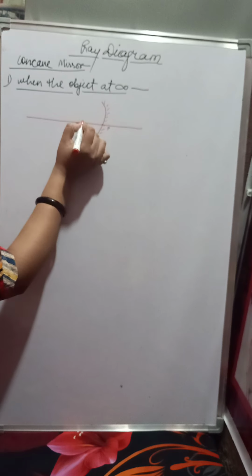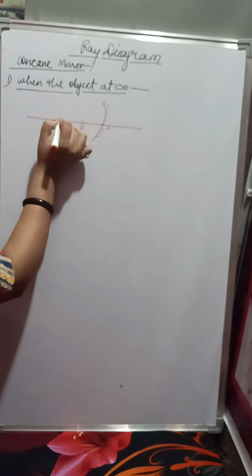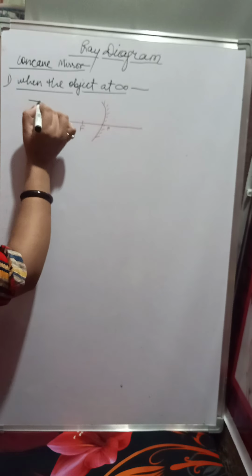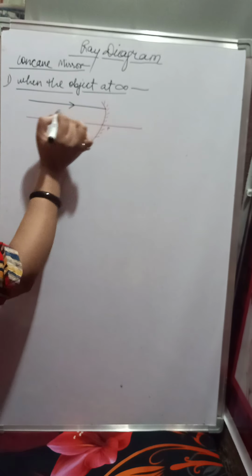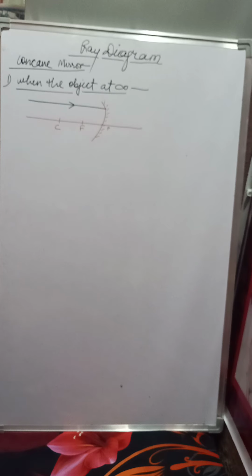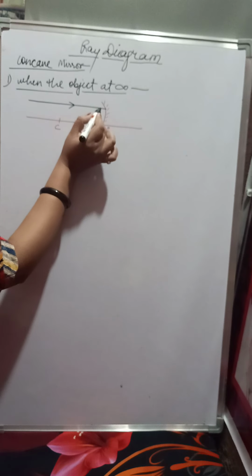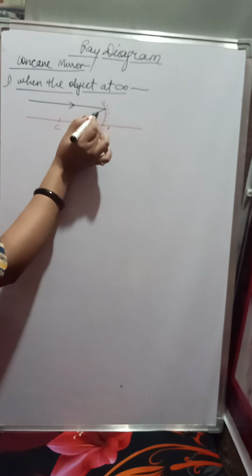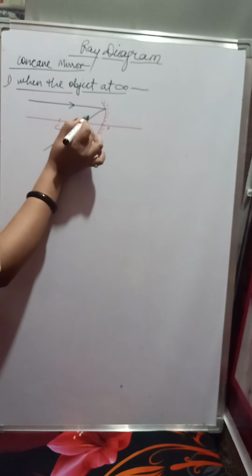This is the pole, focus, center of curvature. When the object is at infinity, the first light ray is parallel to the principal axis. Only the light ray is coming. You are not able to see the object because the object is placed at infinity. After reflection, as I explained yesterday, when the light ray is parallel to the principal axis, after reflection it will pass through the focus.